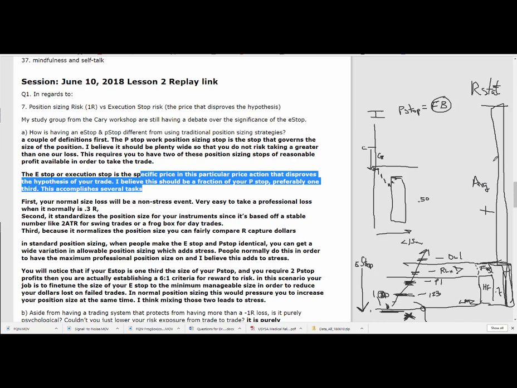And my execution capture is from wherever I entered to wherever I'm ultimately going to get out of this thing. That's what I capture in terms of price. And then the execution exit divided by a frog box is going to give me whatever value of R I'm going to capture. Okay, so my XR.